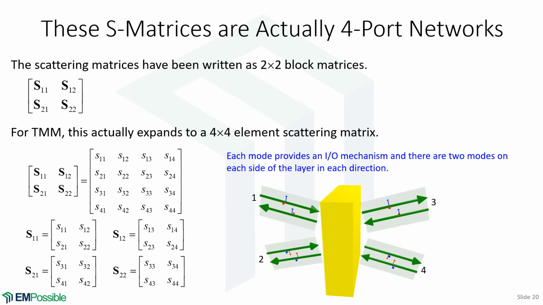Each of those can have an input and output. That's a total of 4. So we actually have a 4-port network. But because we've lumped all these things into block matrices, we tend to think of this more loosely as a 2-port network, but that's not quite accurate. Don't worry too much about understanding this. It comes up a lot, and I wanted to point that out.